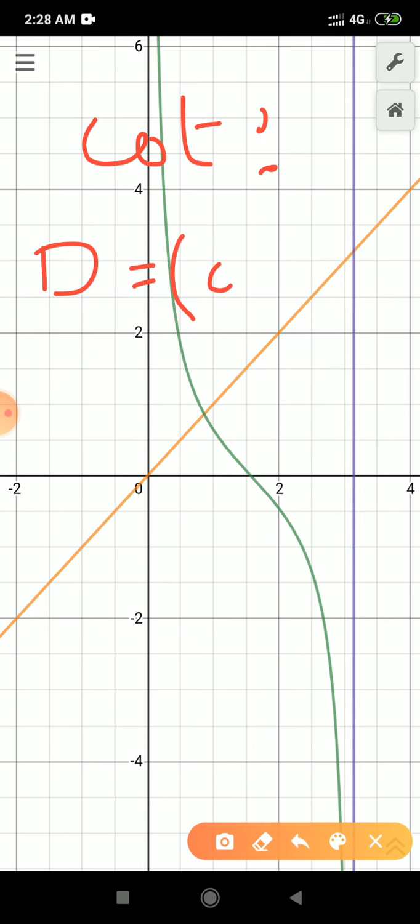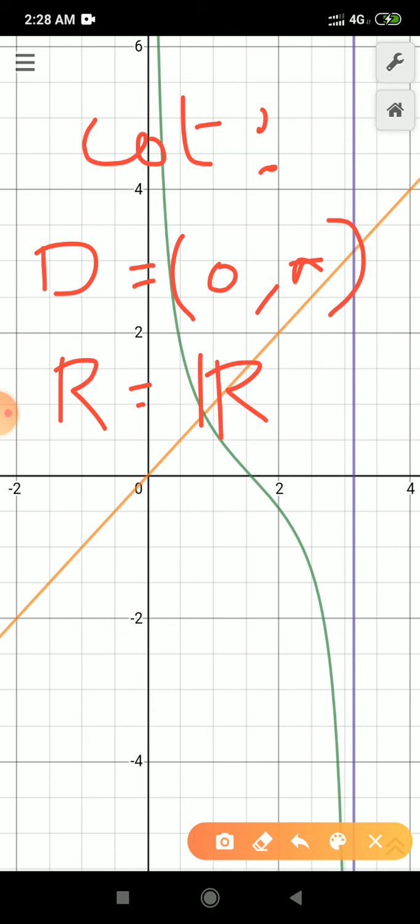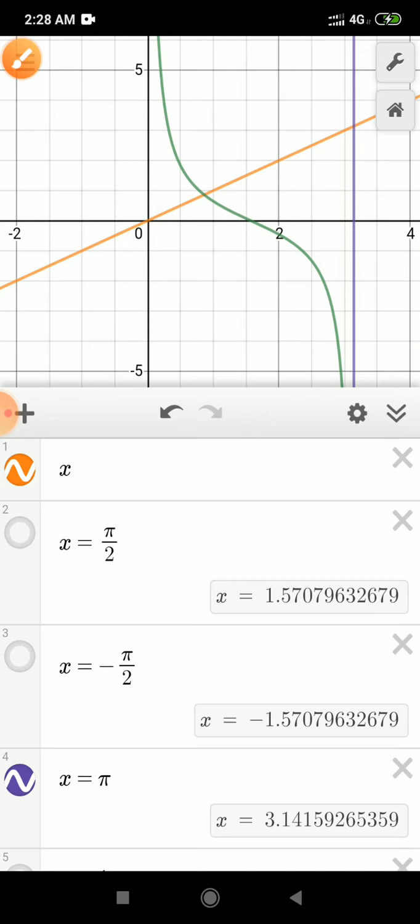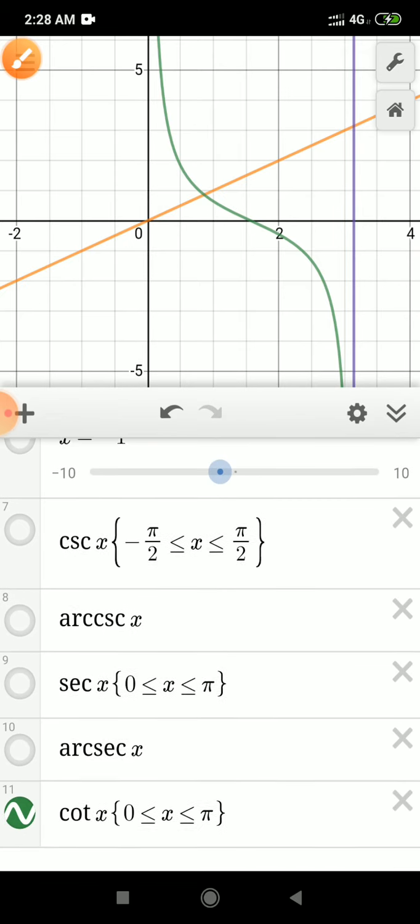So it is open 0, open pi, and the range is the whole set of real numbers. So for this domain and range, the function cot is defined, and it is bijective, so it is invertible. So we define its inverse function, cot inverse, and that is defined in this manner.